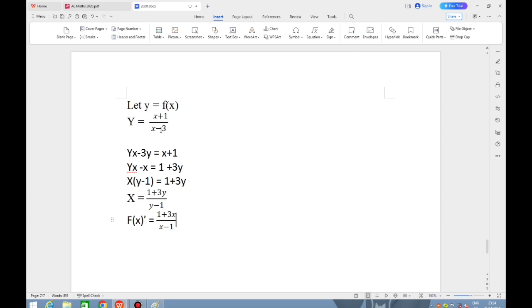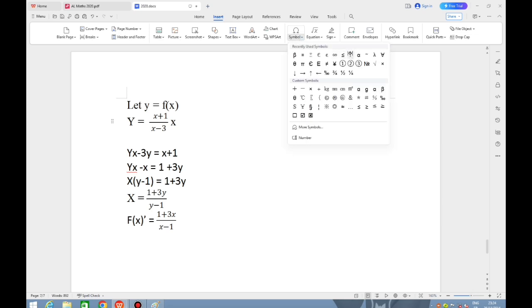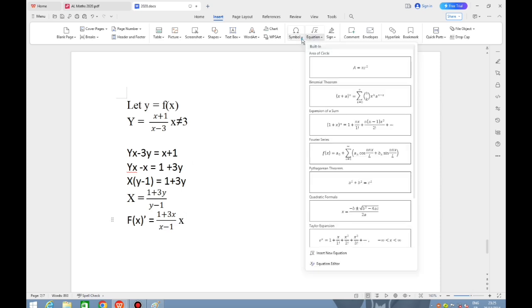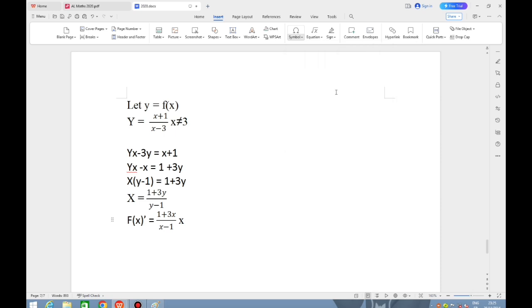The domain of f of x is not equal to 3. That's x an element of real numbers, x is not equal to 3. And you see the domain here, if you equate the denominator to 0, x minus 1 is equal to 0, x equal to 1. So for this function to exist, x should not be equal to 1. So the domain of this function is x not equal to 1.